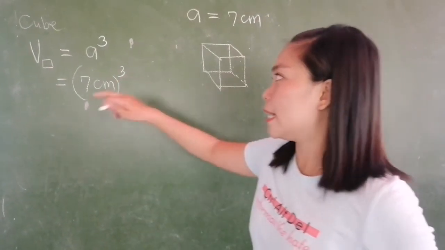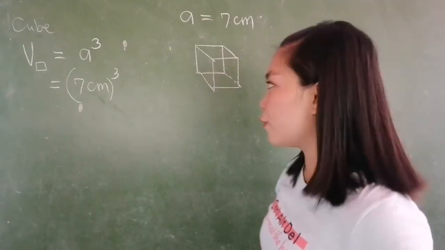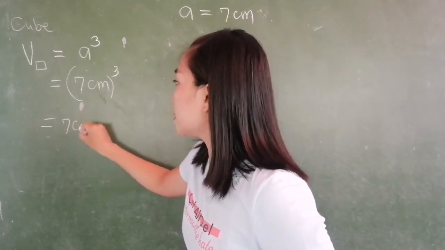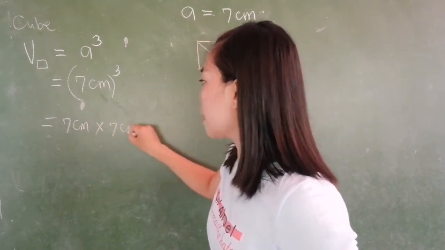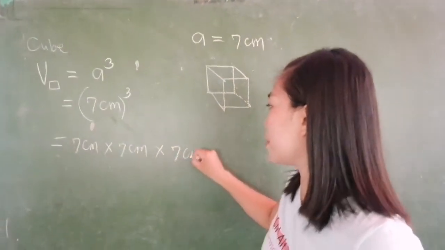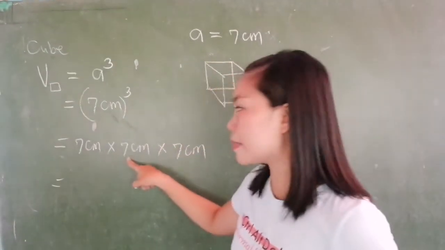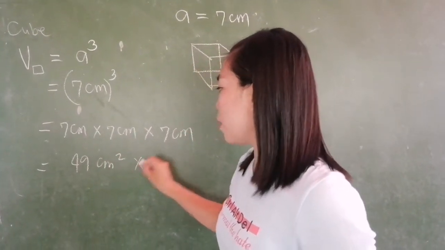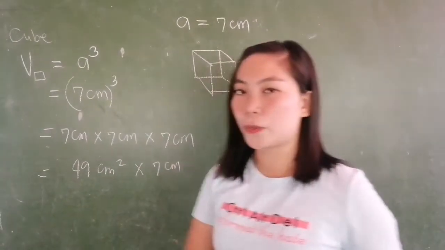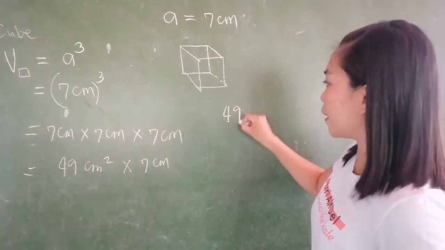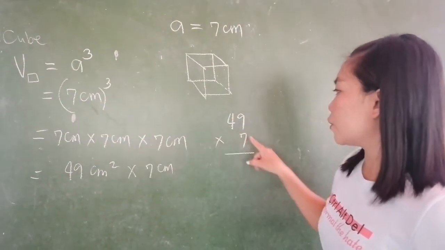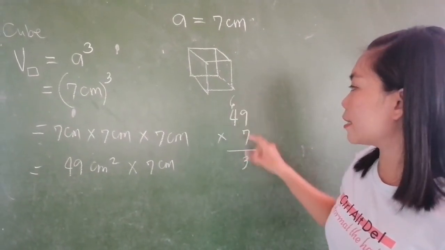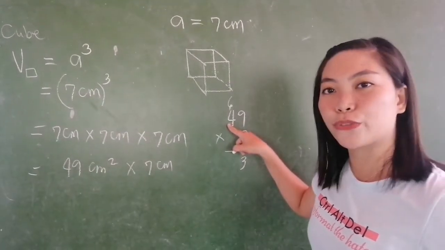Okay, what will happen? So, 7 times 7, you have 49 centimeters. So, ang ibig po sabihin yan is 7 centimeters times 7 centimeters times 7 centimeters. Okay. So, 7 times 7, you have 49 square centimeters multiplied by 7 centimeters. So, what will happen? Let's multiply it by 7. Yung 49. So, 7 multiplied by 9, you have 63, right? A 3, carry 6. 7 multiplied by 4, you have 28.